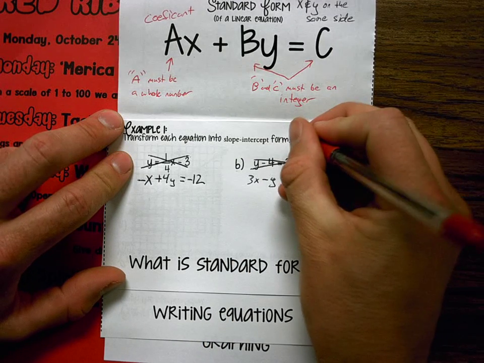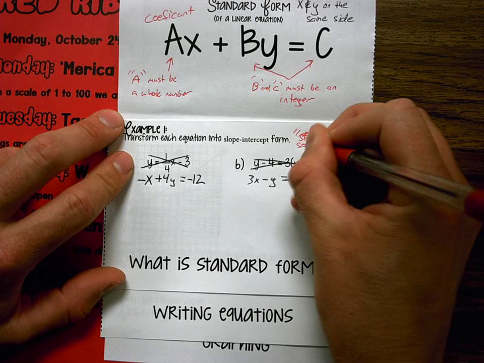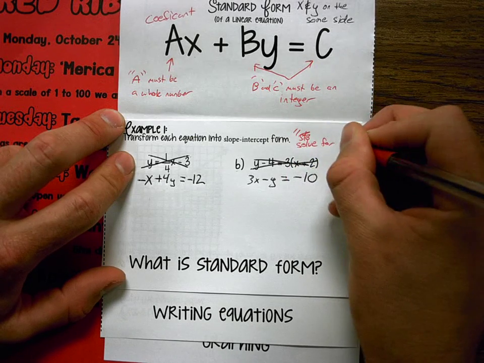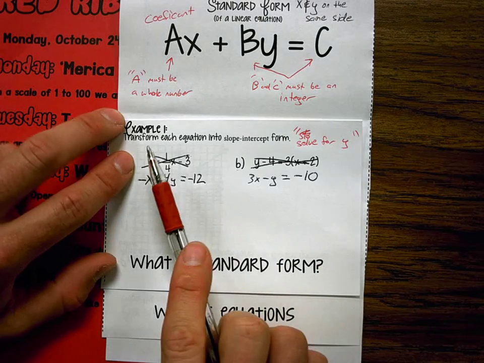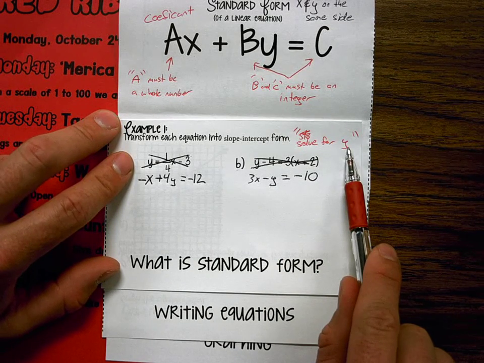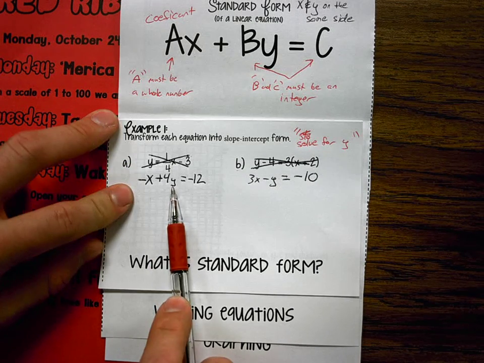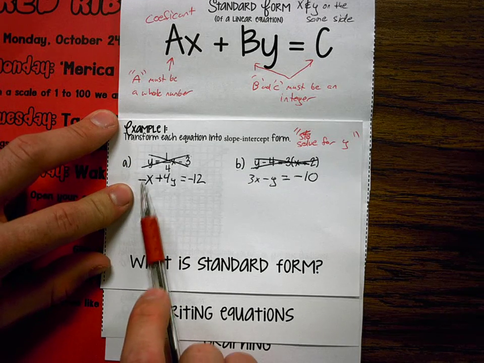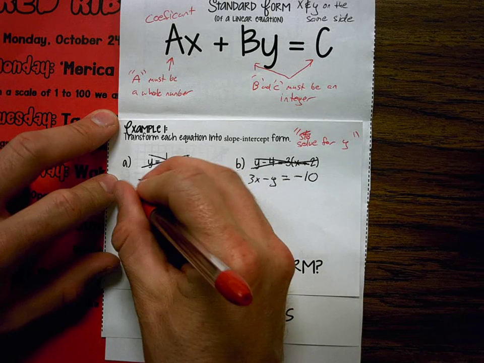So in other words, solve for y. When we are in standard form and we're going to slope-intercept form, we solve for y. In solving for y, the first thing we need to do is to remove the x from the left side and move it to the right side.